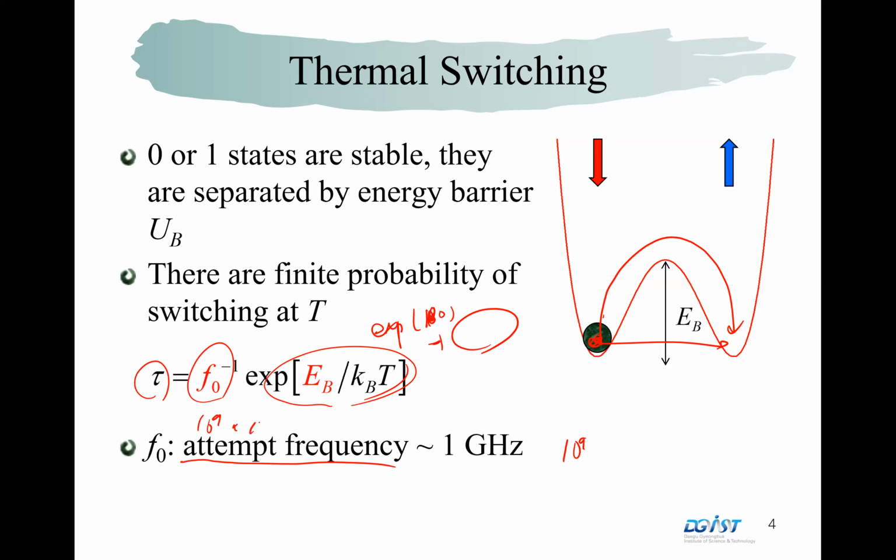So if we multiply by 10 to the minus 9, we have 1 second, which means the magnetization switching can occur within 1 second.